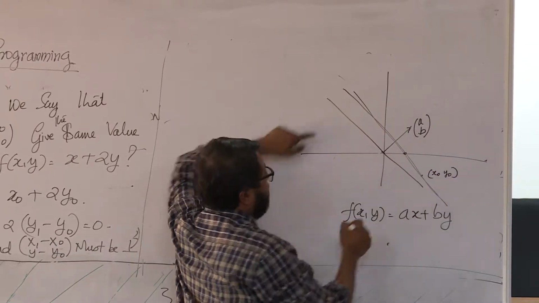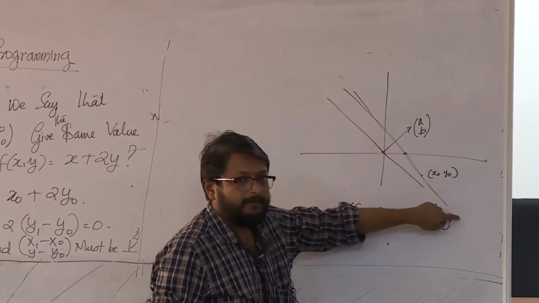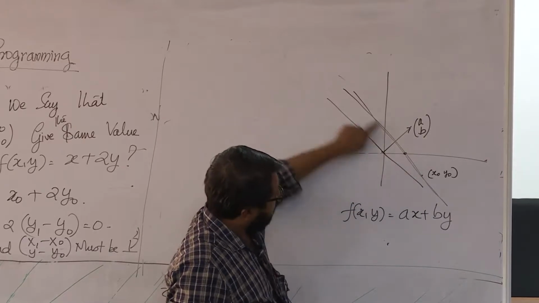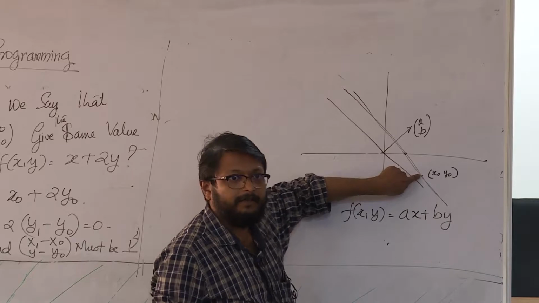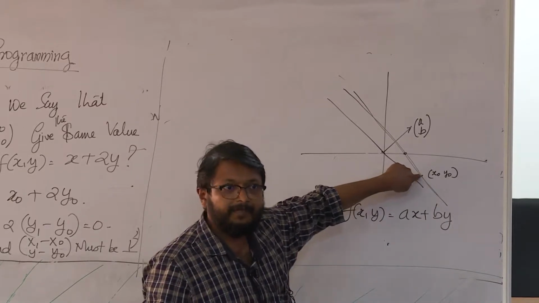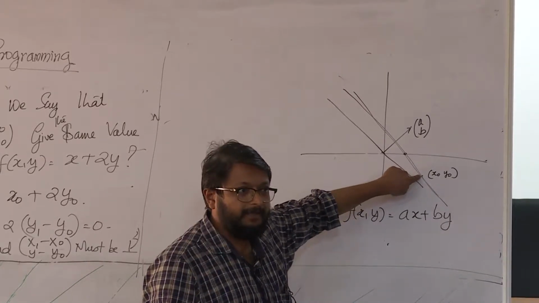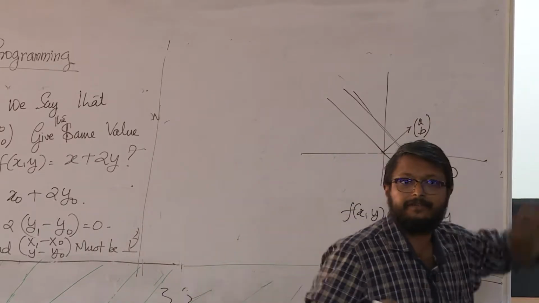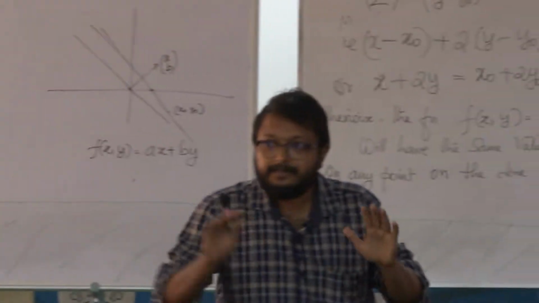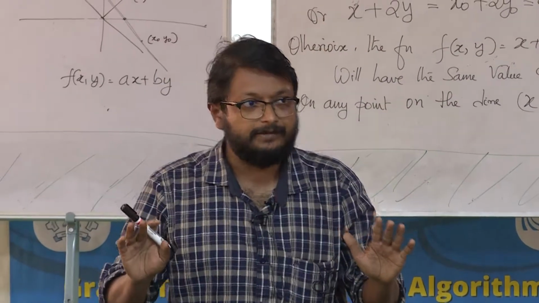All points on the line parallel to this line passing through x naught y naught will have the same value, A x naught plus B y naught, and so forth. That is what our analysis shows. Is this very clear?